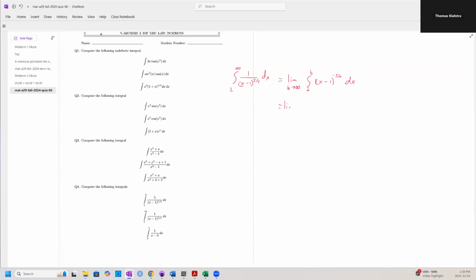This equals the limit as b approaches infinity of (x minus 1) to the minus 1/4 over minus 1/4, evaluated from x equals 2 to b.